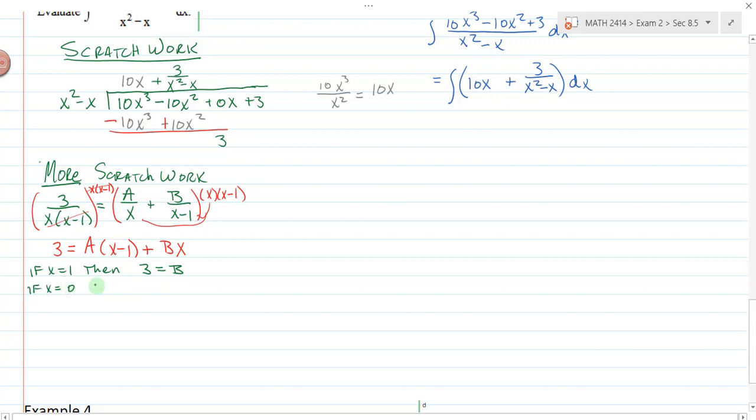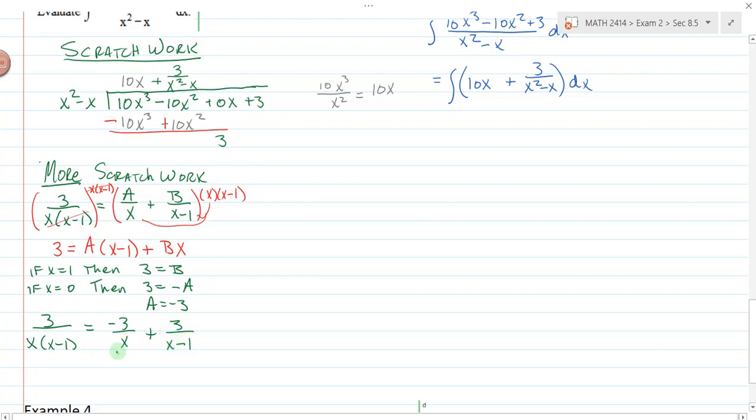If x is equal to 0, since there's no x over here, I'm just going to write down the 3 equals 0 minus 1 is negative 1. Negative 1 times a is negative a. And I plug in a 0 for x, that b goes away. So I have 3 equals negative a, which means a is equal to negative 3. So that means that this fraction, 3 over x times x minus 1, can be written as negative 3 over x plus 3 over x minus 1.